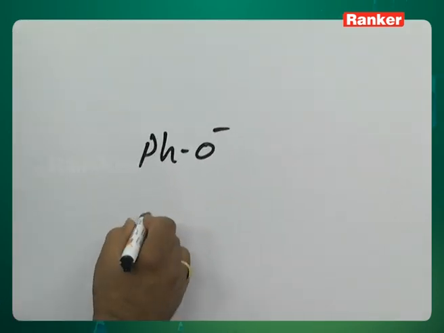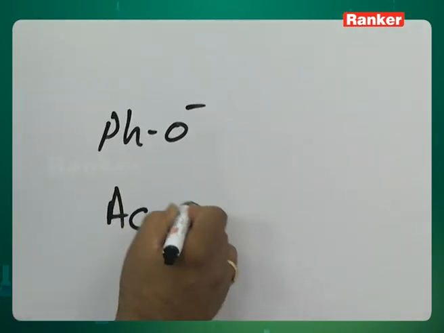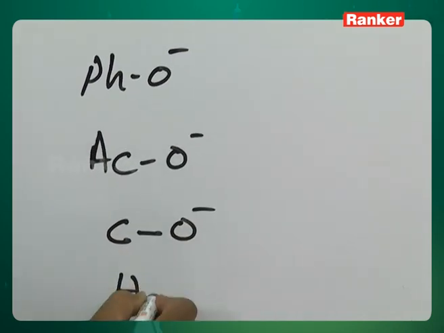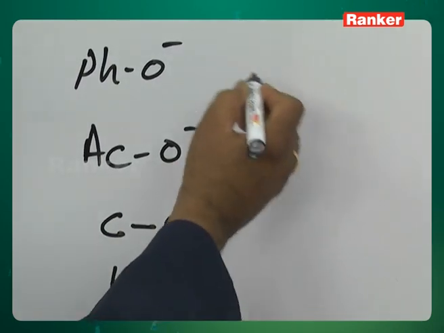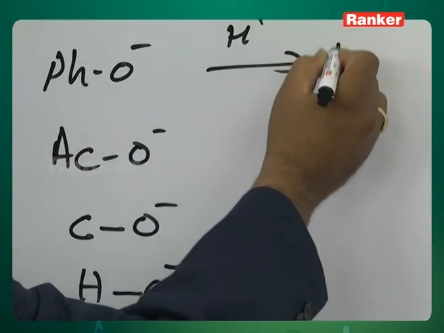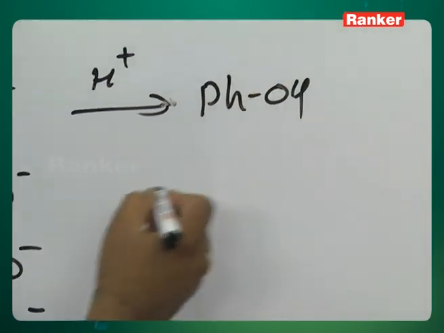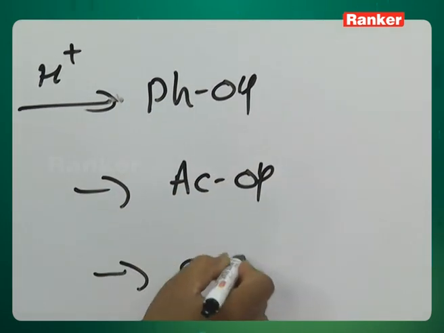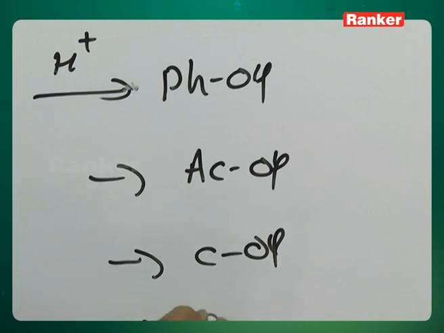Whether it is strong or not we cannot decide directly, but we can decide by adding a proton to the anions. This becomes phenol, this becomes acetic acid, this becomes methanol, and this becomes water.